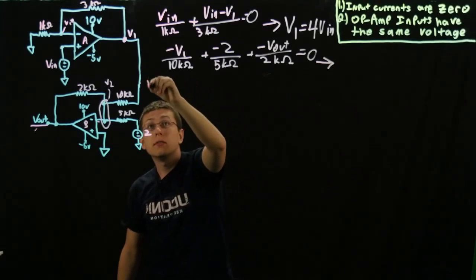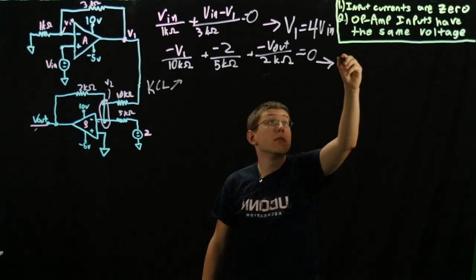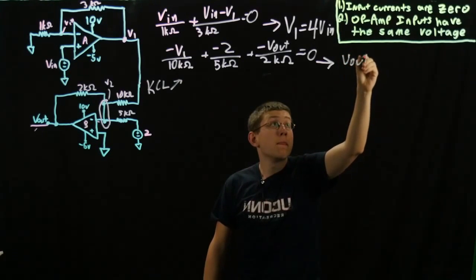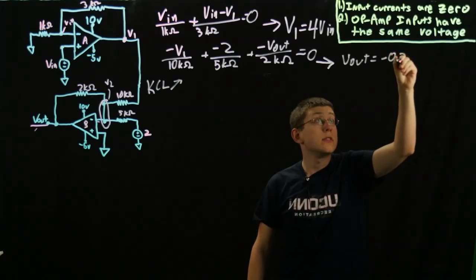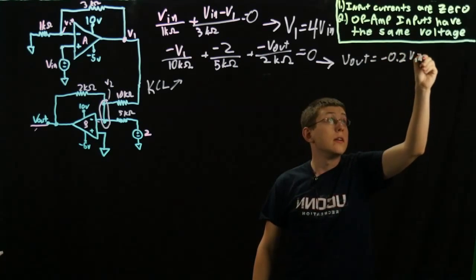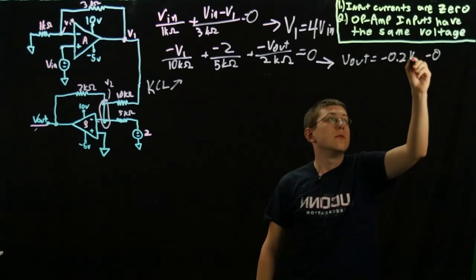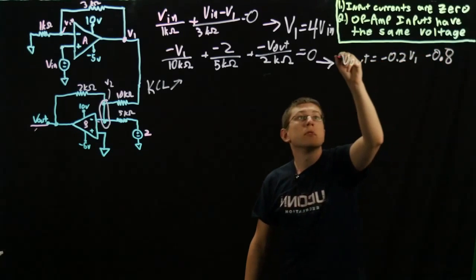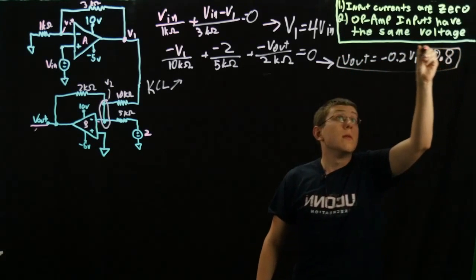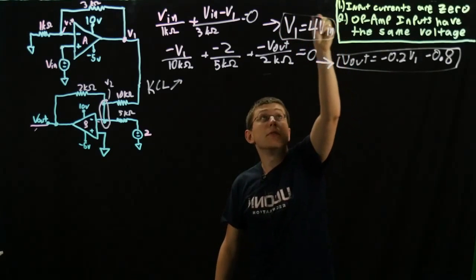When you solve these out, you get Vout equals negative 0.2 V1 minus, or sorry, not Vn, V1 minus 0.8. So I'm just going to box off these two KCL equations that we found.